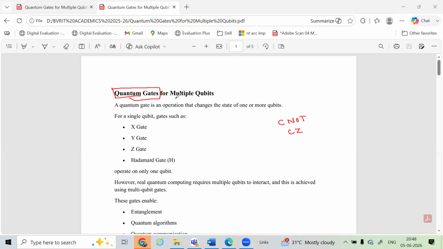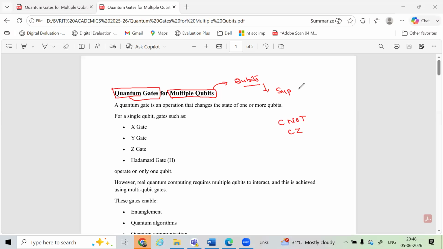Here, for multiple qubits, we should understand that from the quantum computing point of view, the information is stored in the form of qubits. It is similar to classical bits, 0 and 1. But the advantage of the qubit is superposition.